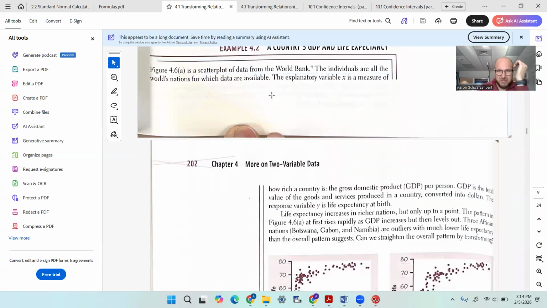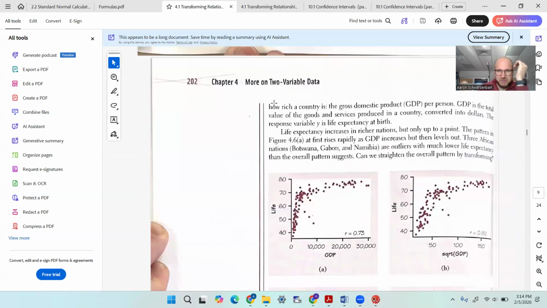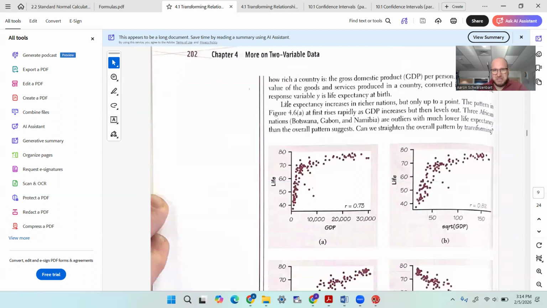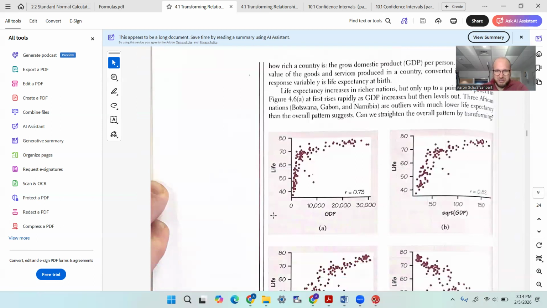So here we have a graph of gross domestic product versus life expectancy for countries. Notice they didn't put the bottom at 0. And it looks like it's kind of a logarithmic or square root graph, except for those three points, which look funky.